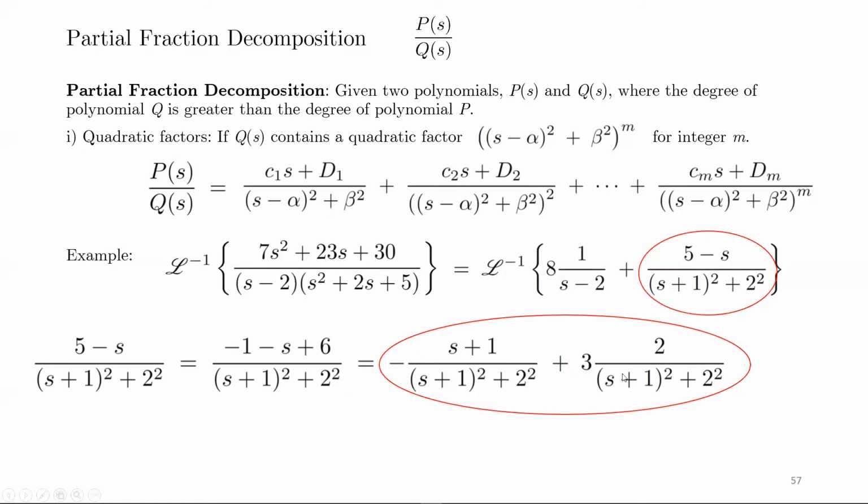And then what I get left over is this 6 here, so I get 3 times 2 over s plus 1 squared plus 2 squared, and I can already see this is in the form of a sine. If I take the Laplace transform of sine of 2t, I'm going to get something that looks similar to this, apart from the plus 1, but I can use the first translation theorem to solve that too.